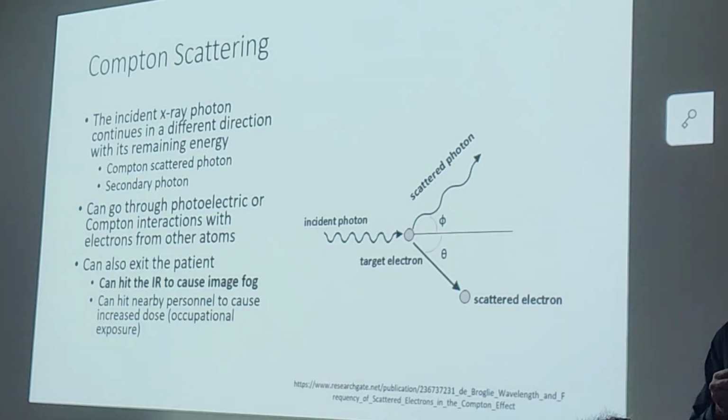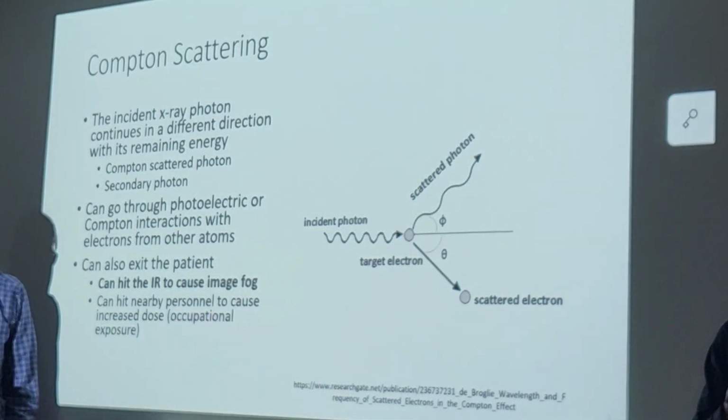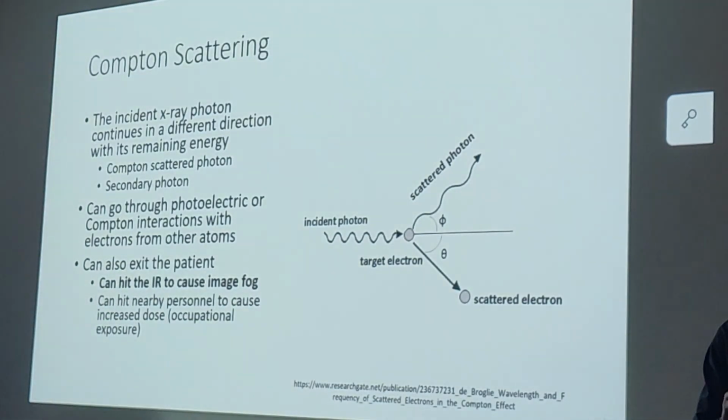Okay, what leaves the atom during photoelectric absorption? The electron leaves, it gets kicked out. So what electron leaves in photoelectric absorption? The orbital electrons.